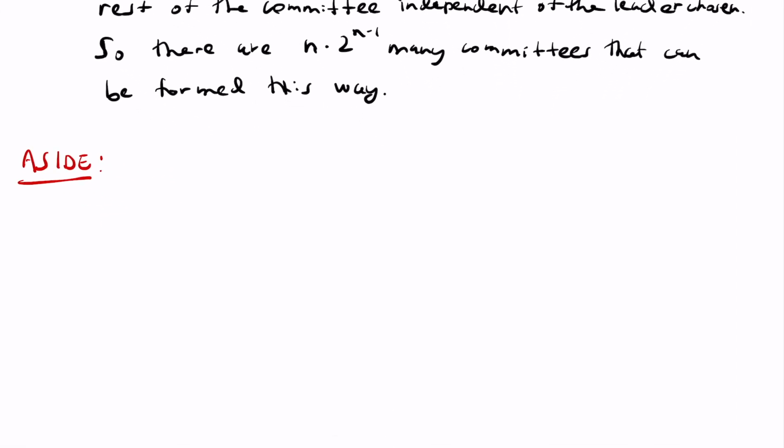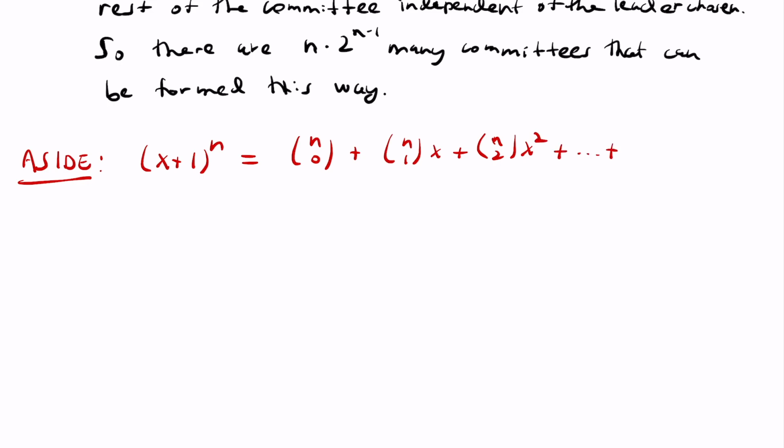So we know that (x plus 1) raised to the n is equal to n choose 0 plus n choose 1 x plus n choose 2 x squared all the way up to n choose n x to the n.